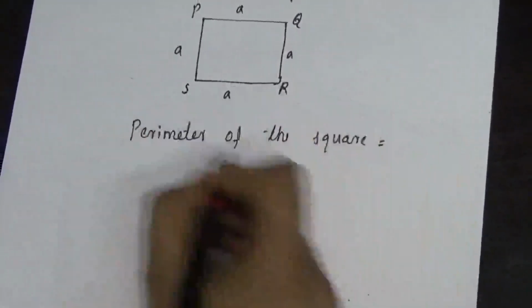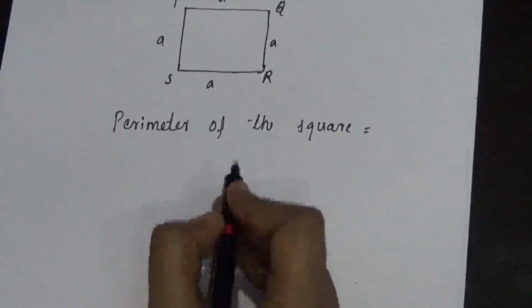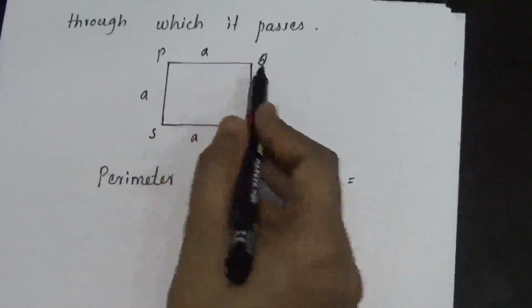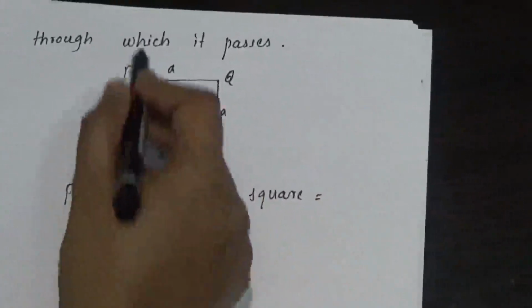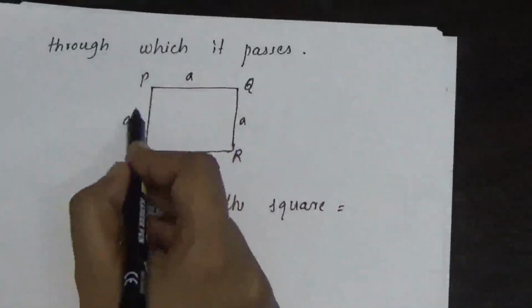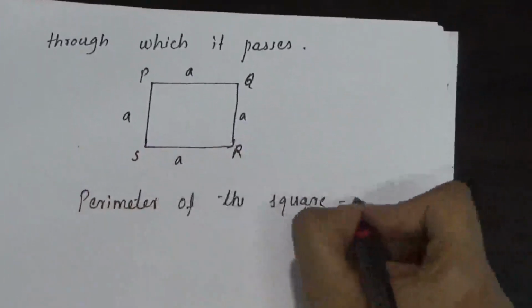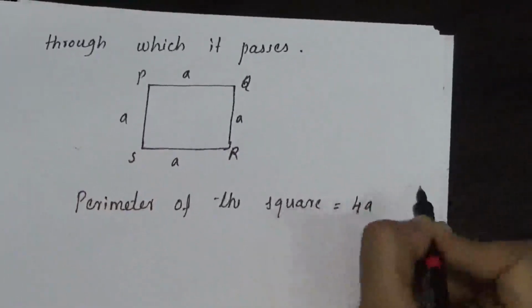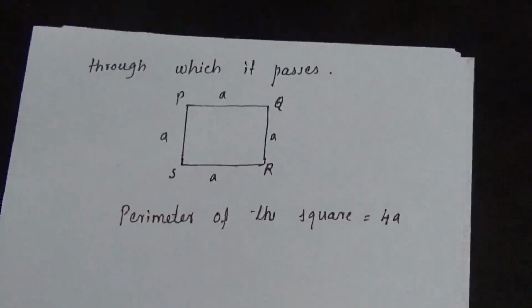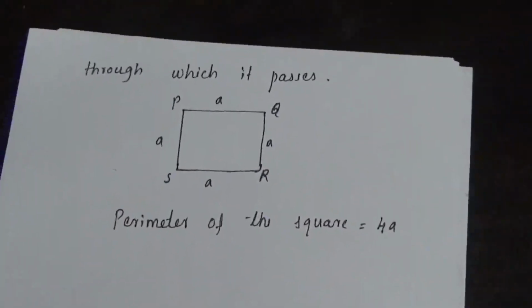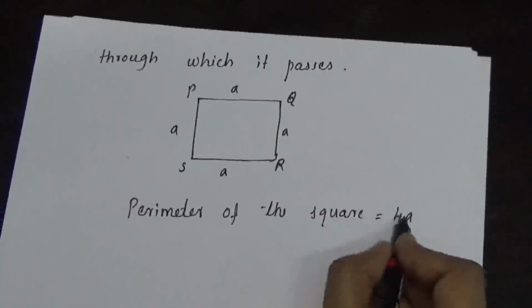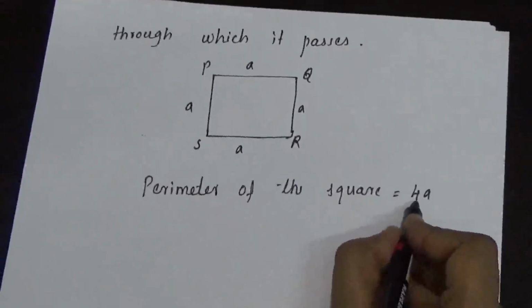Perimeter means the sum of the sides of the figure. So here perimeter means PQ plus QR plus RS plus SP. So we will get A plus A plus A plus A, four times A added. So that is 4A. Remember, the perimeter of the square is equal to 4 into side. That is, if the side is A, the perimeter is 4A.